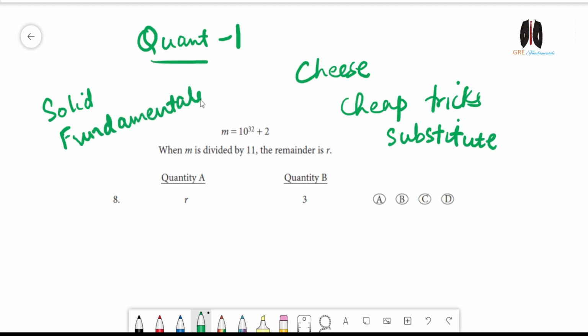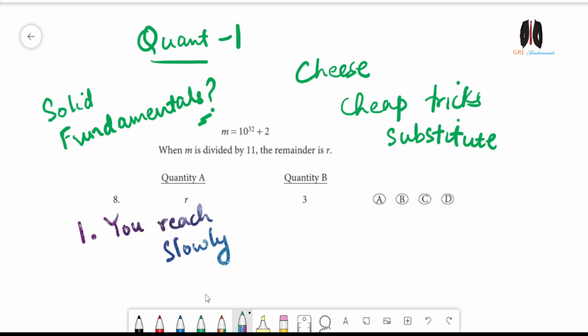And why should you use solid fundamentals? Well, because when you use solid fundamentals, two things happen. Number one, you reach the answer slowly. Now, is this a good thing or bad thing?